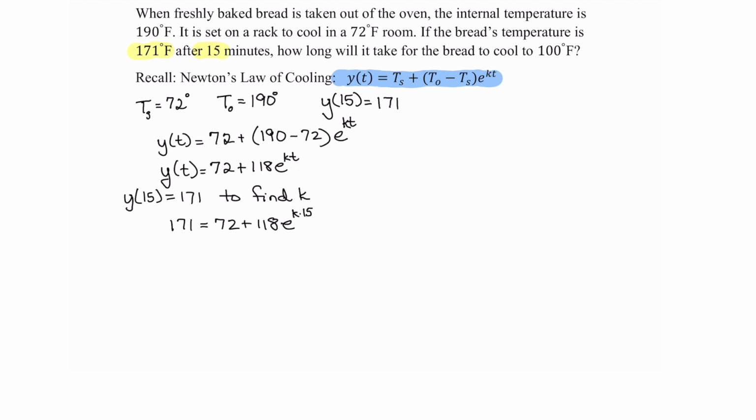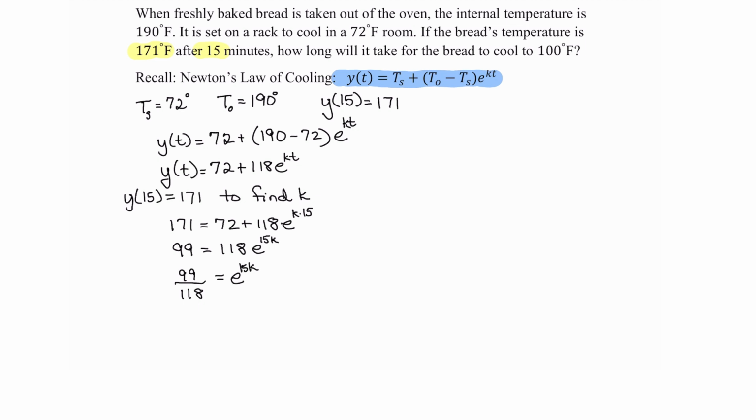Solving this, we'll subtract the 72 from both sides and we'll get 99 is equal to 118 e to the, well, k times 15 is 15k. Divide both sides by 118. I have 99 divided by 118 is equal to e to the 15k.